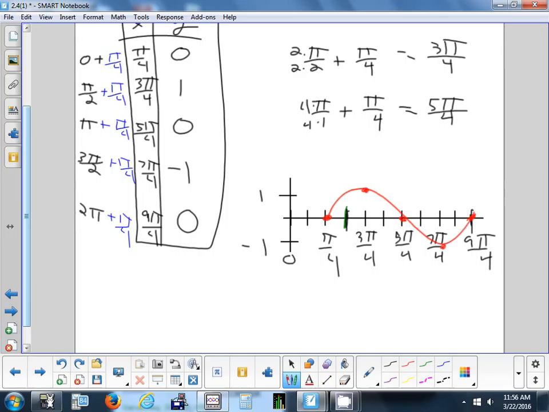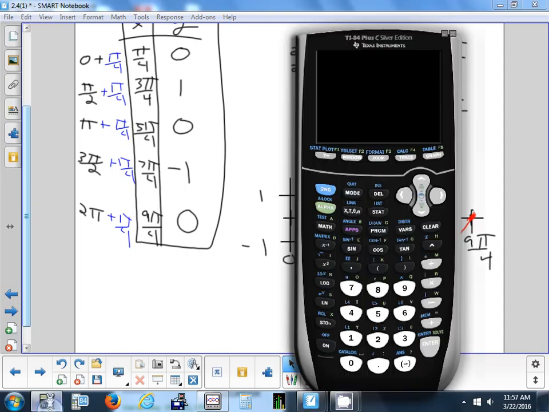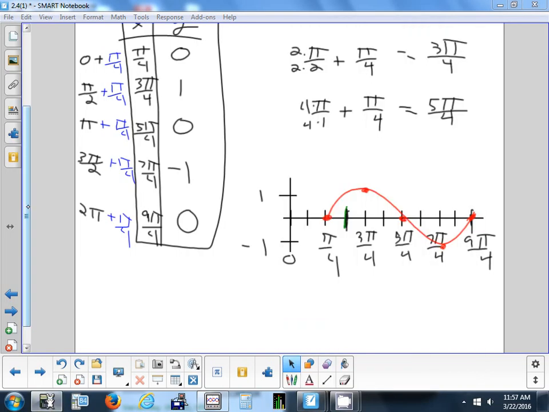Should be a little easier on the homework because the graph paper is already drawn for you. Any questions on that one? Okay, so that's a phase shift. Just moving the graph left and right. If you have a graphing calculator, you can also look at phase shifts on there as well. Okay, questions on that last one?